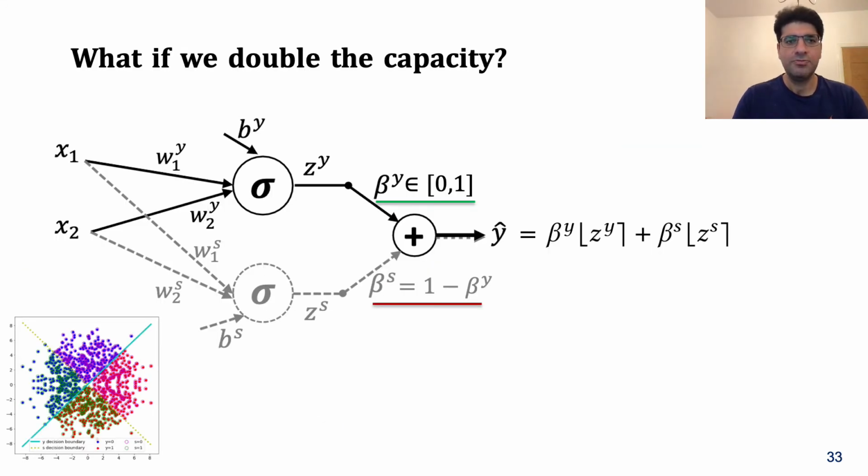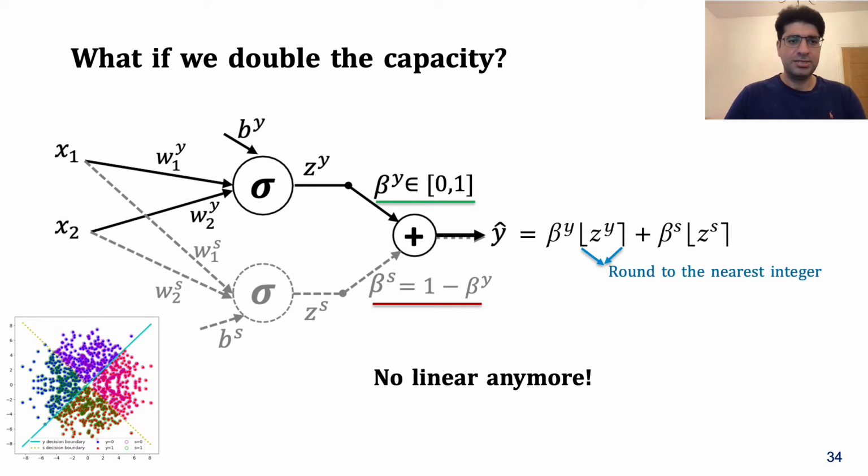Now, what if we double the capacity of a linear classifier by combining two linear classifiers together? We first train a linear classifier for label Y and then a linear classifier for label S. A weighted combination of the output of these two linear classifiers gives us a nonlinear classifier.